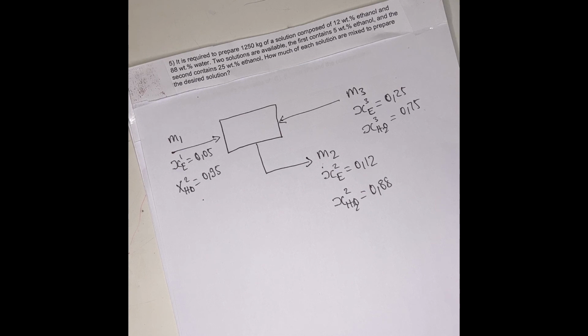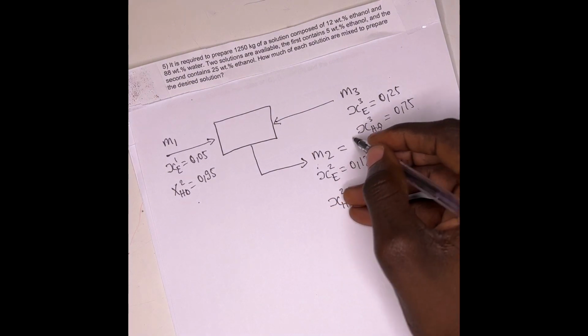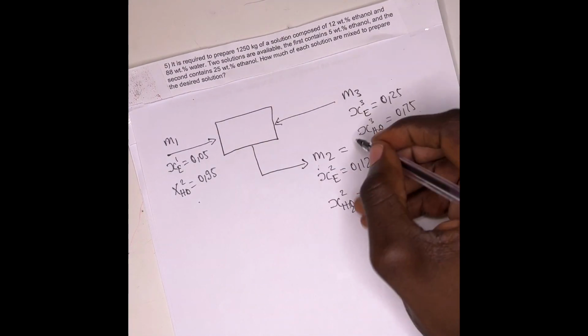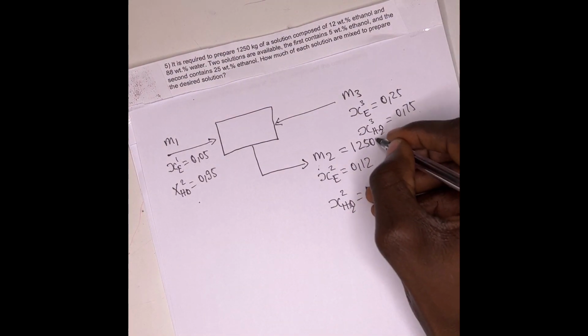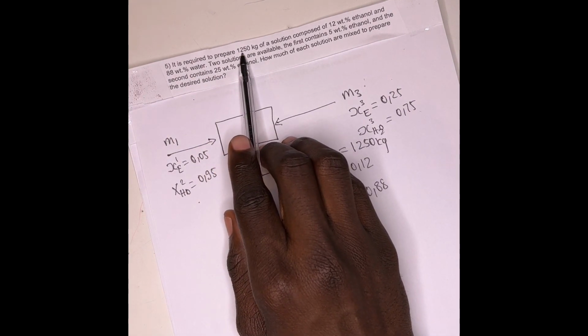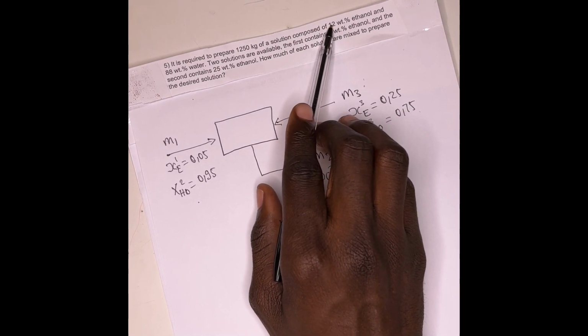That mass you are given, what is it for? It was for the solution. So this mass we know already, the value of that mass is going to be 1250 kilogram, because they say it is required to prepare 1250 kilogram of solution with a composition of 12%. Where there is 12%, you put it here.